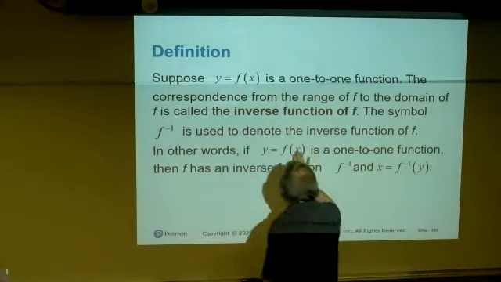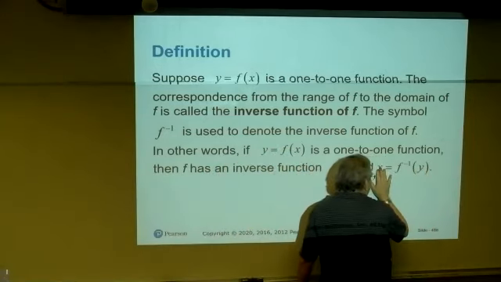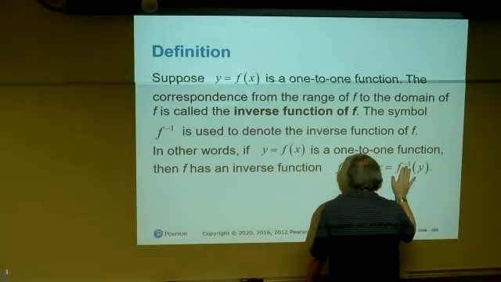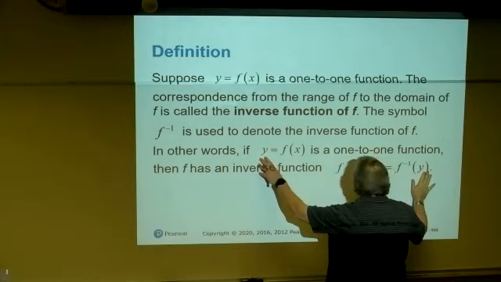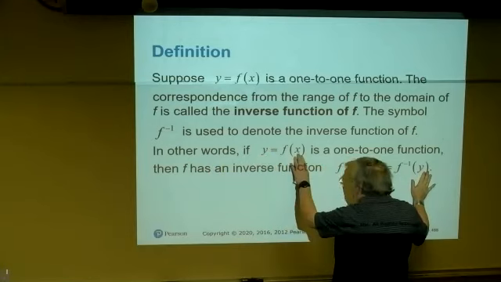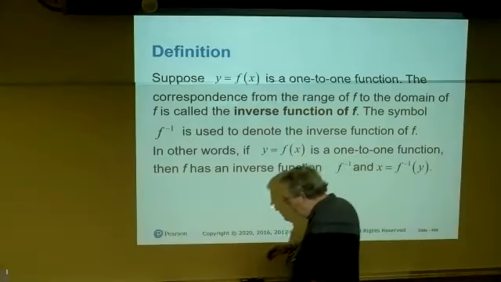This takes us from the domain to the range, where this takes us from the range back to the domain. So for the inverse function, the range becomes the domain, and the domain becomes the range.